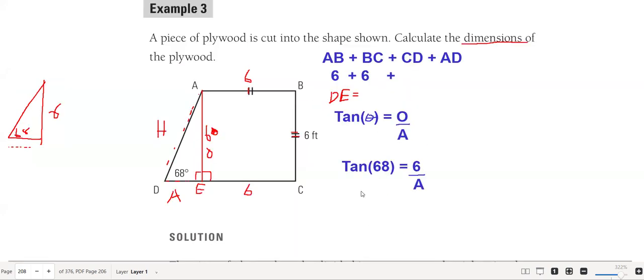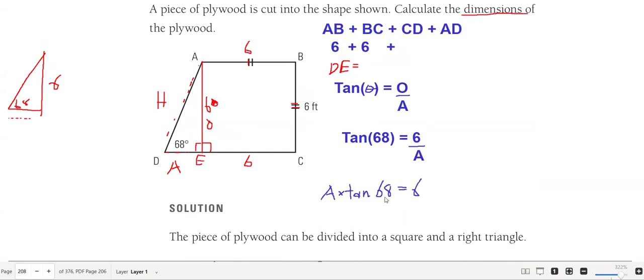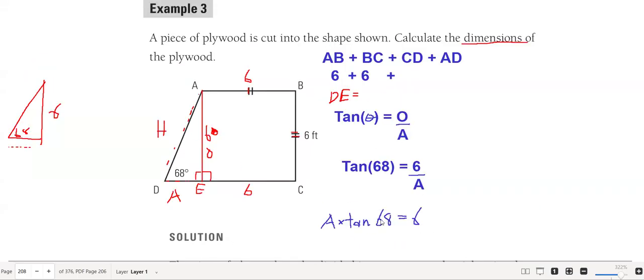So now, right, I times both sides by A. So I'm going to get A times tangent of 68 is equal to 6, right? I times both sides by A. Then I need to divide both sides by tangent of 68.